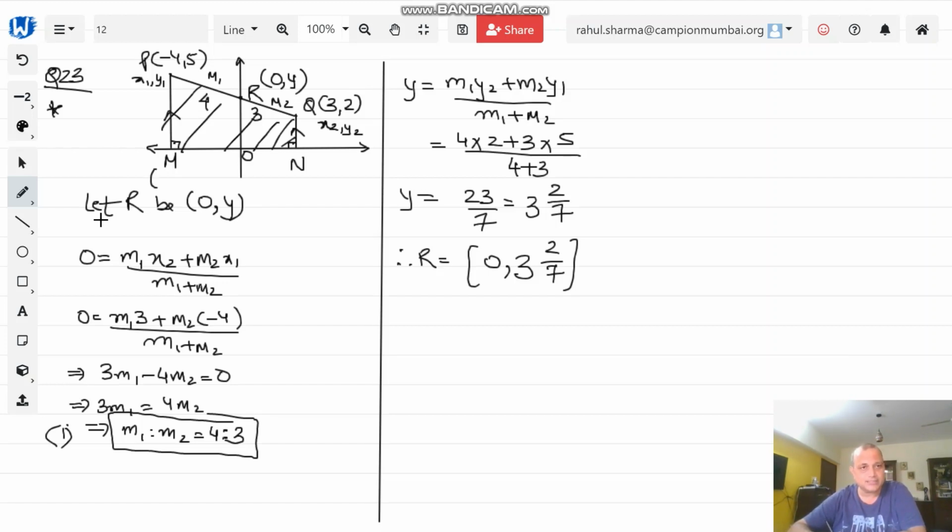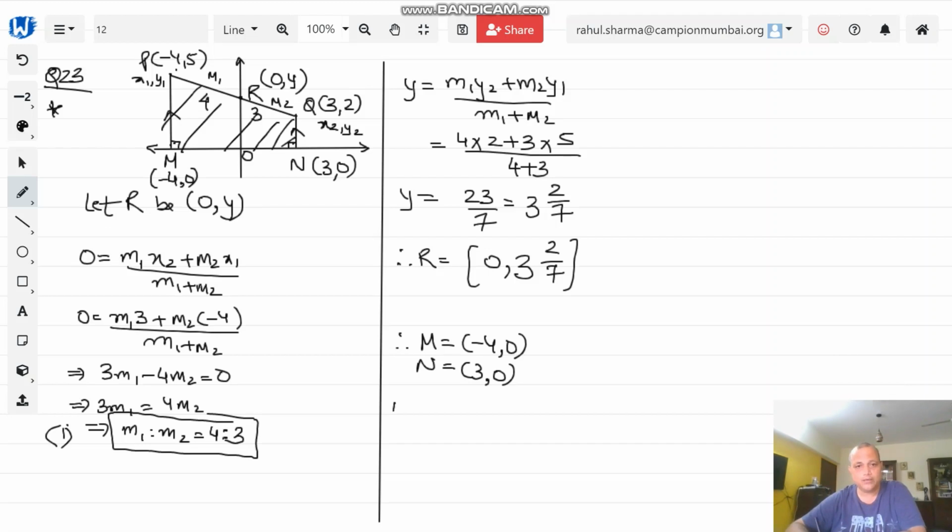Point M, since this is -4, will be -4, 0. And N, since this is 3, the y coordinate obviously is 0, so this will be 3, 0. Therefore, M is equal to -4, 0, and N is equal to 3, 0. Anything on the x-axis has y coordinate 0, and this is perpendicular, which means this is -4 and this is 3.